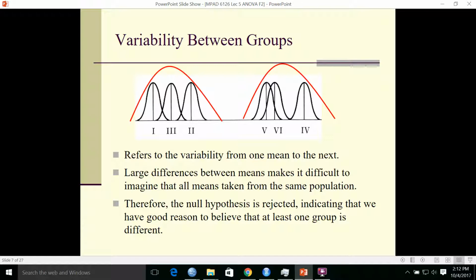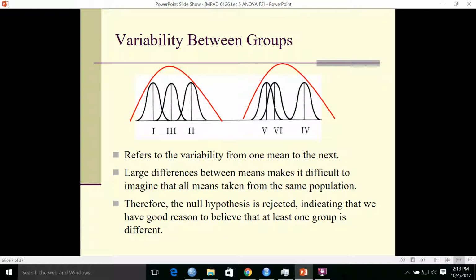That's because you can see a large difference in the means, at least between the first three relative to the last three. And the variability, those distributions around each of the 6 categories, is also relatively small.